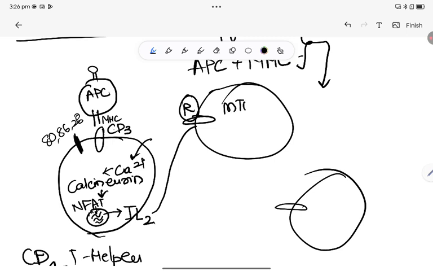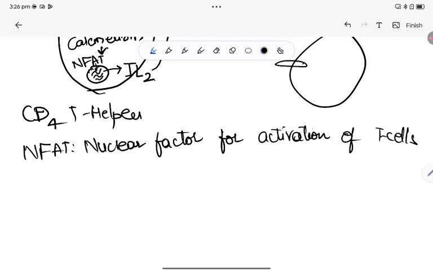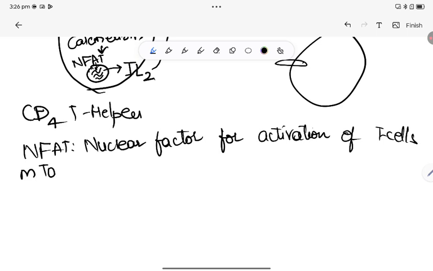It starts activating mTOR. What is mTOR? mTOR is mammalian target of rapamycin.